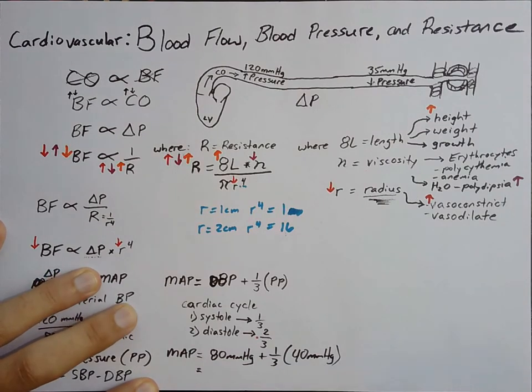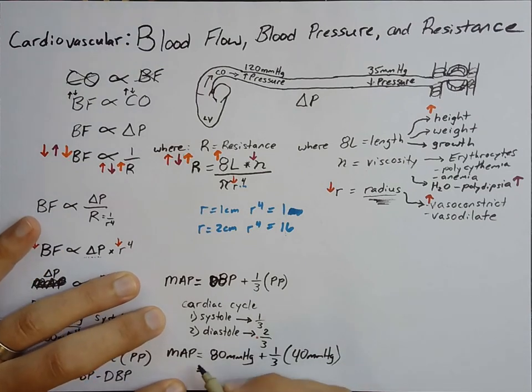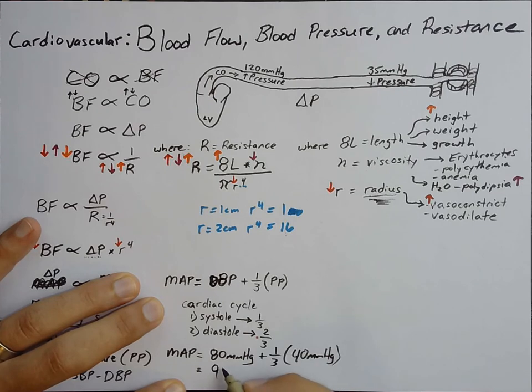But we don't want to do that, we just average that, we round down. So the normal mean arterial blood pressure across the United States and across the world, as far as we know, is approximately, this is just average, 93 millimeters of mercury. And that's what that math all comes out to.